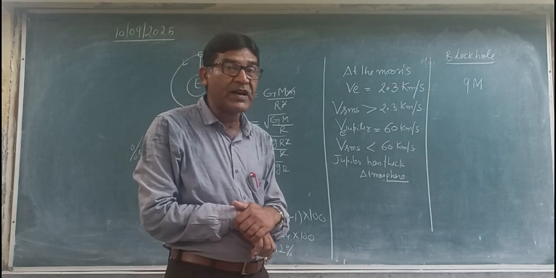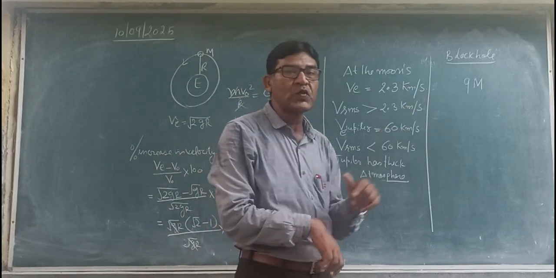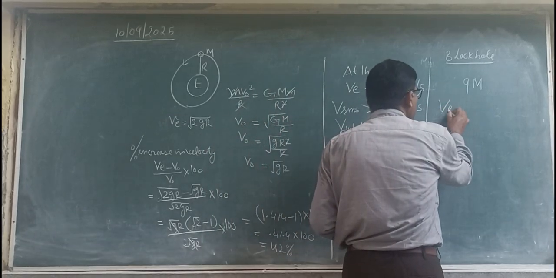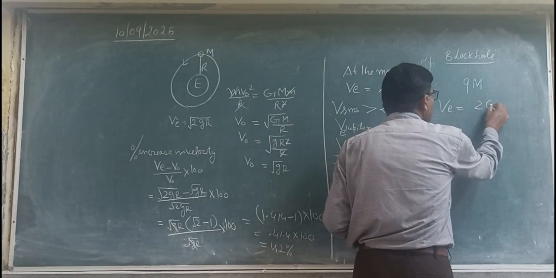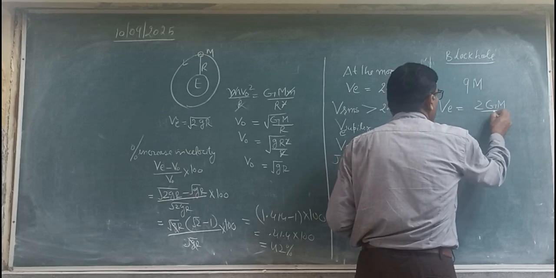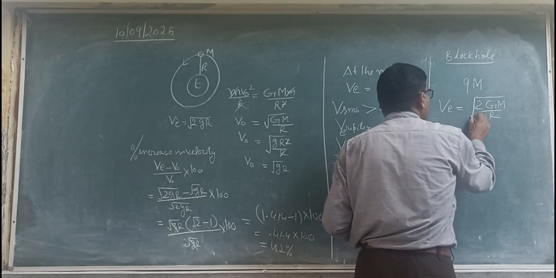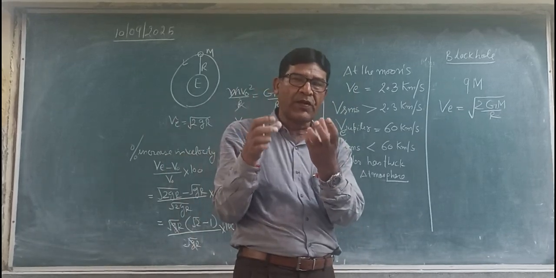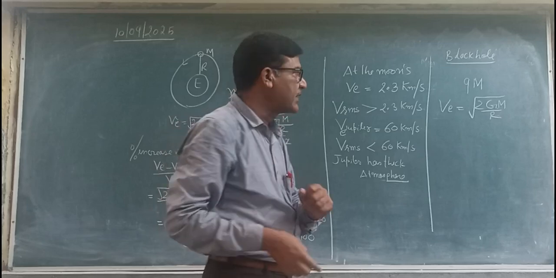What shall be the condition for this mass to be a black hole? You know that the escape velocity VE is equal to root of 2GM upon r, where r is the radius. We just have to find out the condition for the radius.